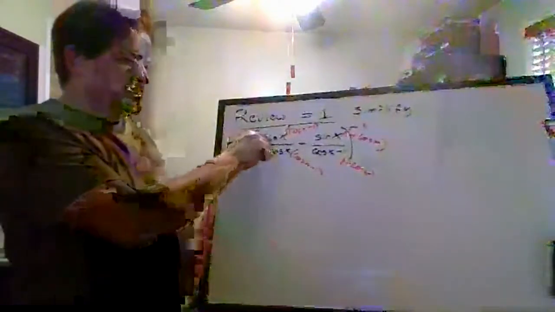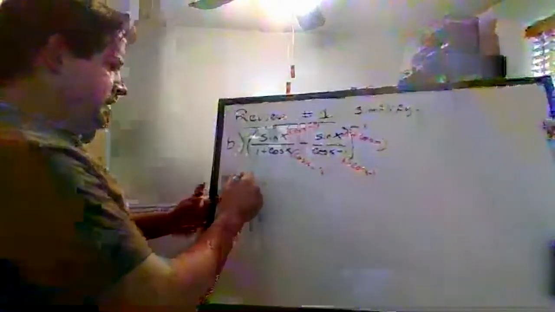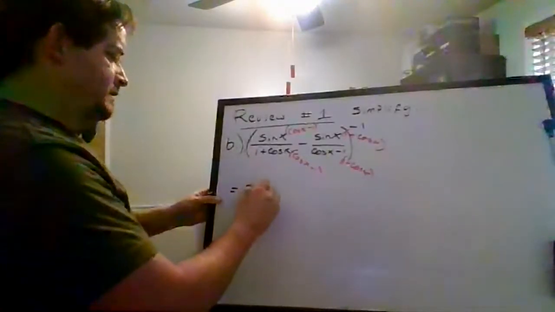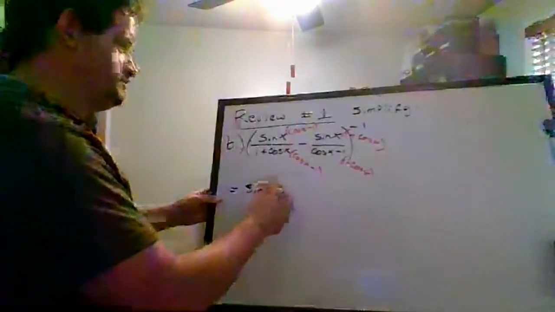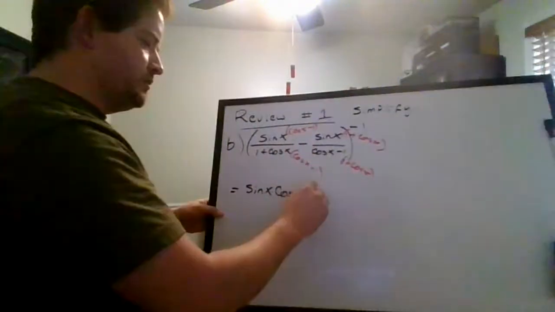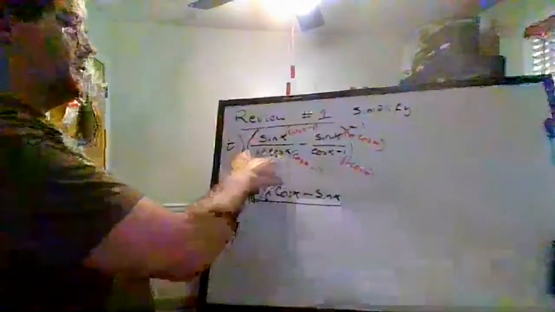In the top, I've got the sine. I'm going to distribute it through the cosine of x minus 1. That gives me sine of x times the cosine of x, minus, and the sine gets distributed through, so I have minus sine of x. And that's all over this common denominator of 1 plus cosine times cosine minus 1.